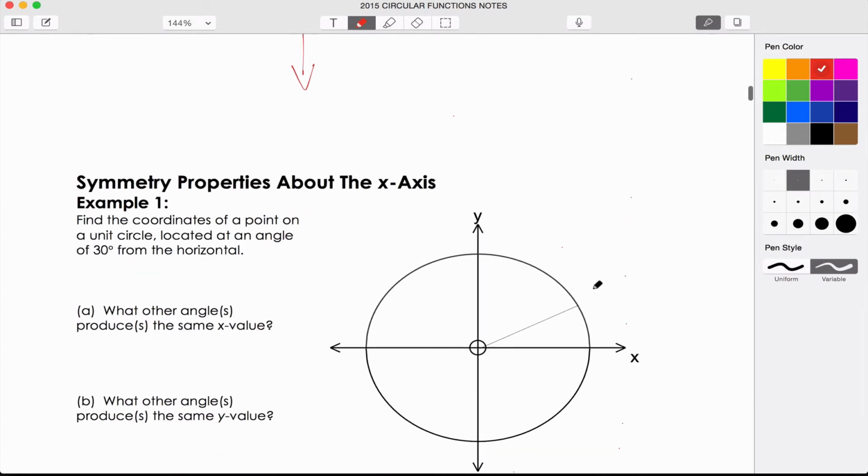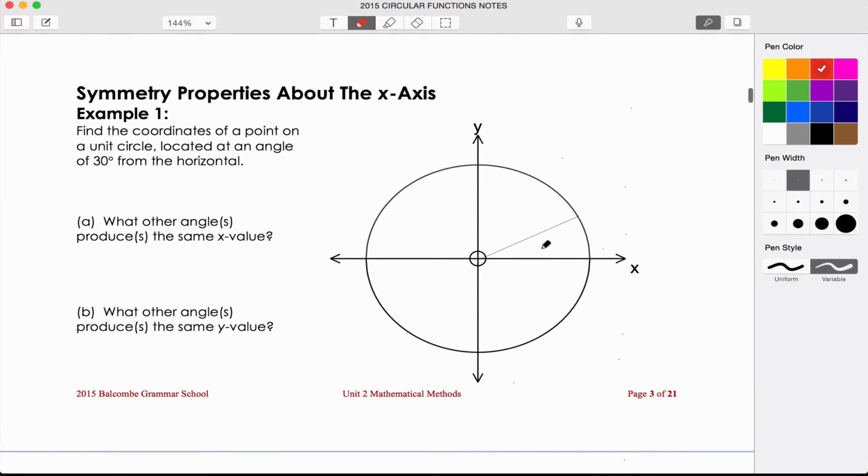The next thing I want to look at is how we can find our reference angles using radians. So a bit of revision here.